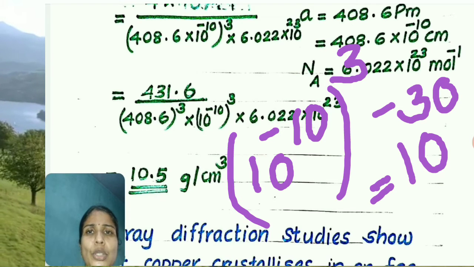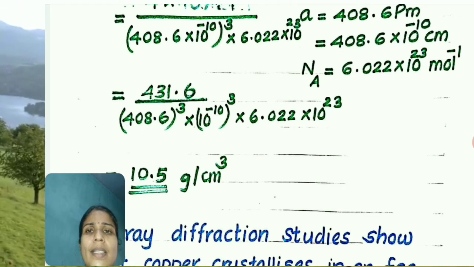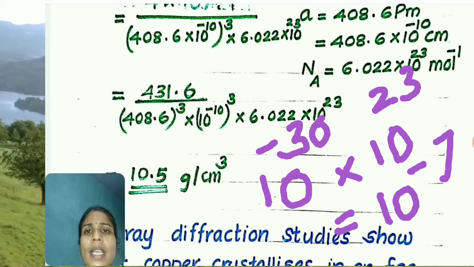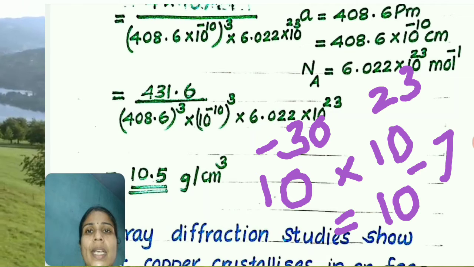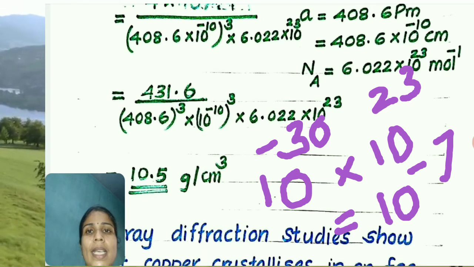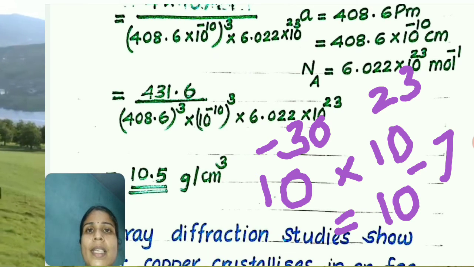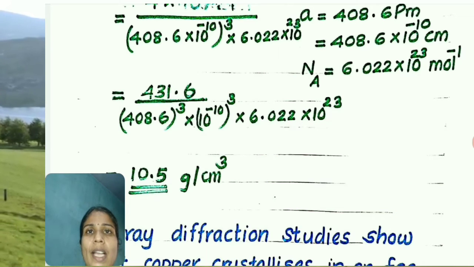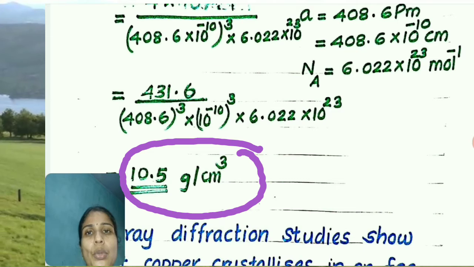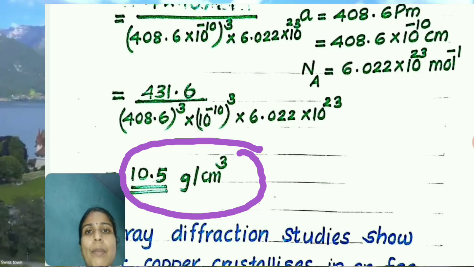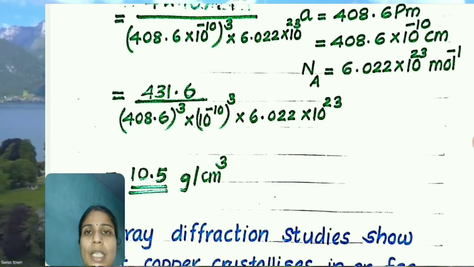Exponential terms are taken together, then 10 raised to minus 30 into 10 raised to 23 we get 10 raised to minus 7. A raised to m into A raised to n is A raised to m plus n. Then we get 10 raised to minus 7. On solving these values, we get 10.5 gram per centimeter cube. Density of silver is 10.5 gram per centimeter cube.